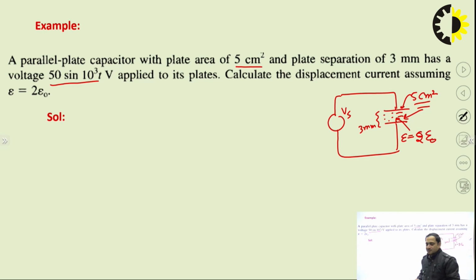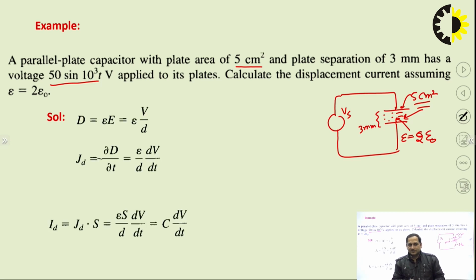Now, given the displacement current conditions, if we can find the conduction current, it will be similar to the displacement current as well. For that we can use D equal to epsilon E, where E is V upon d. We are very much aware of this because we know the formula V equals the integral of E dot dl.